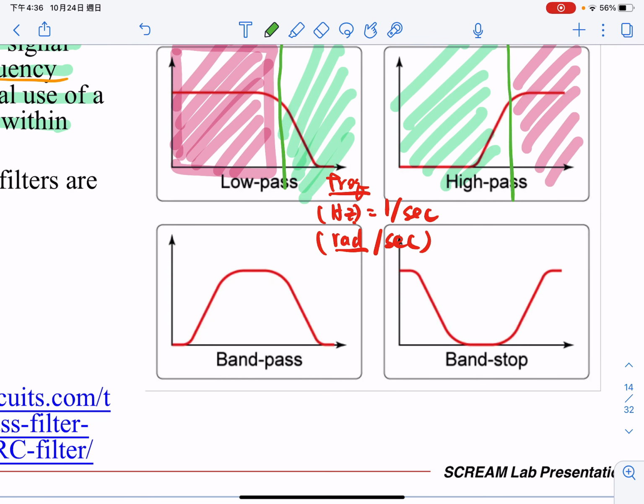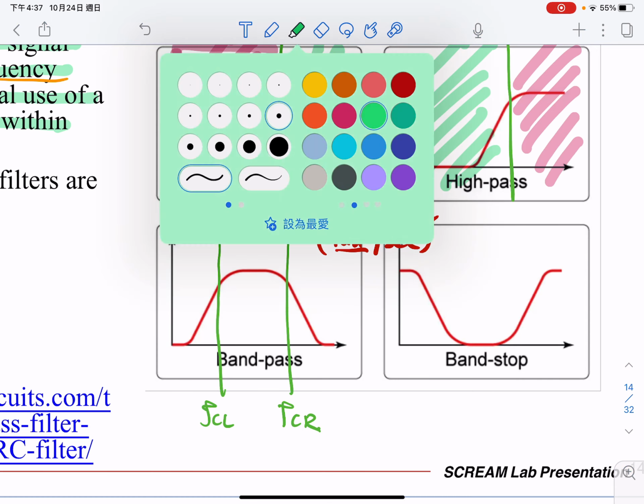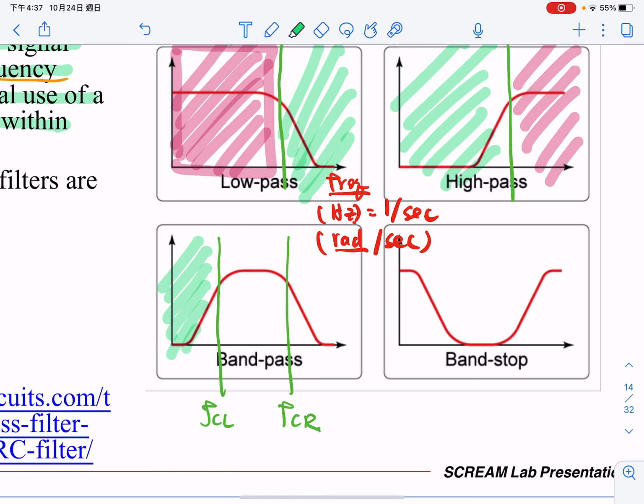The band pass filter has two cutoff frequencies: cutoff frequency L and cutoff frequency R. We try to eliminate the signal from both sides and preserve the signal in the middle part. So in this band, we let the signal pass, but out of this band, we don't want the signal, so we eliminate it.